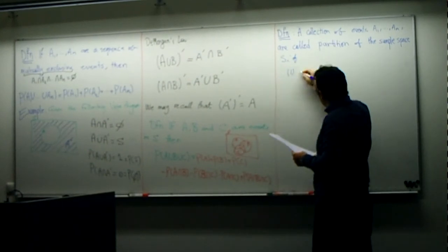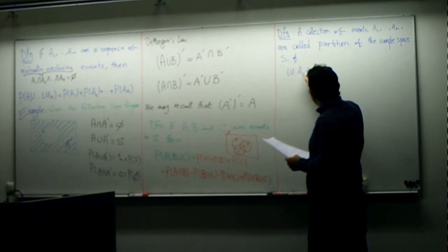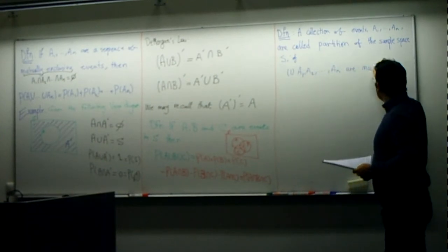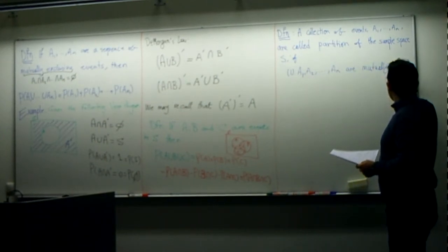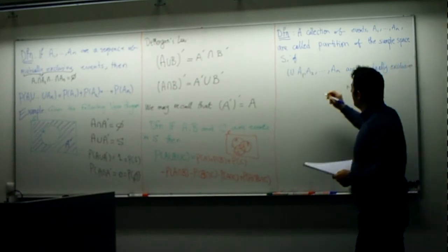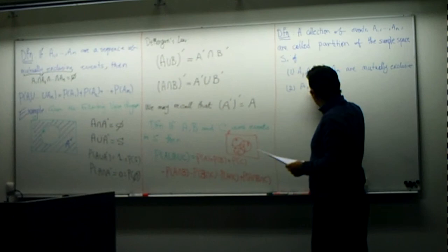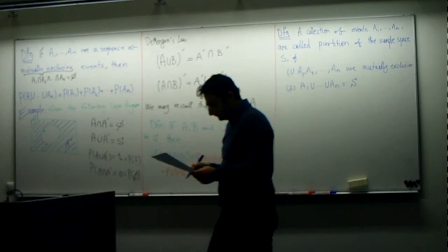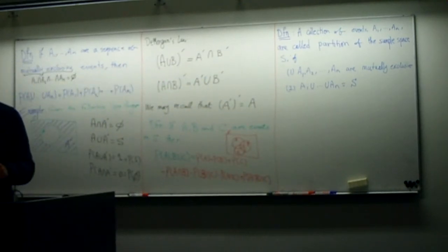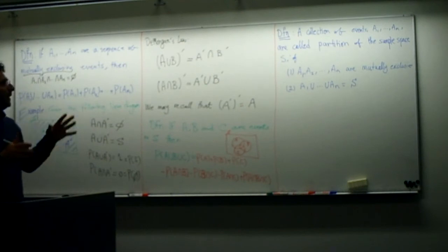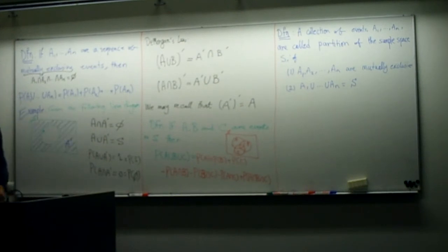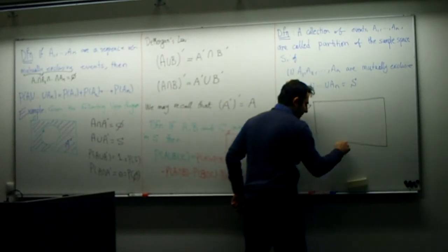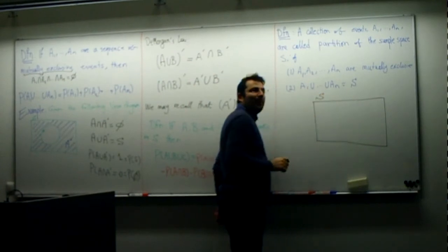1. A1, A2 till AN are mutually exclusive. 2. A1 union till AN is equal to S. So if we have these two conditions for our events, then we say they are partitioning S. What it means, from a Venn diagram point of view: this is S, and partitioning means this.